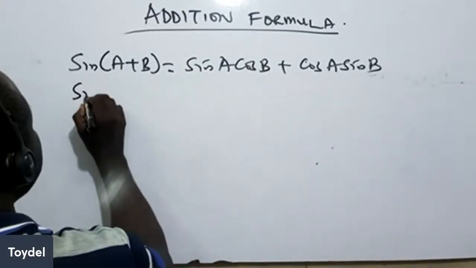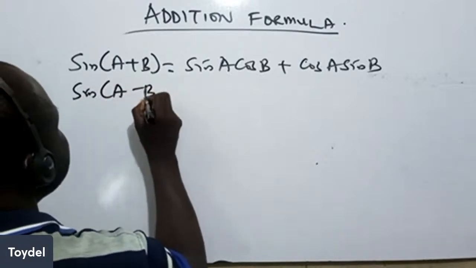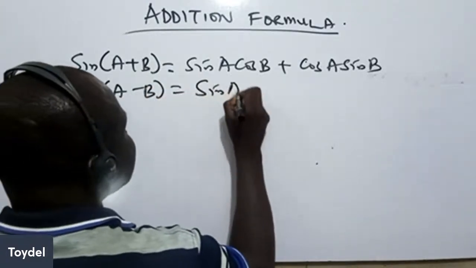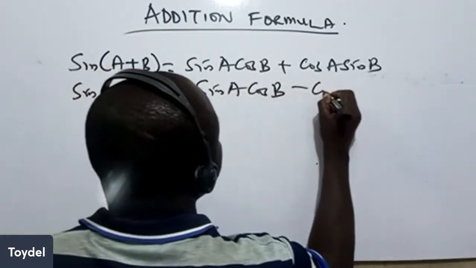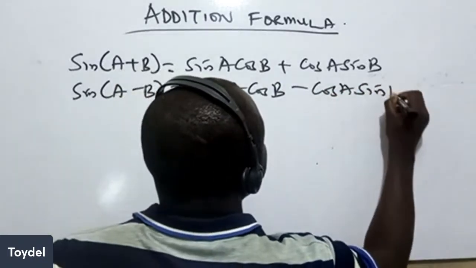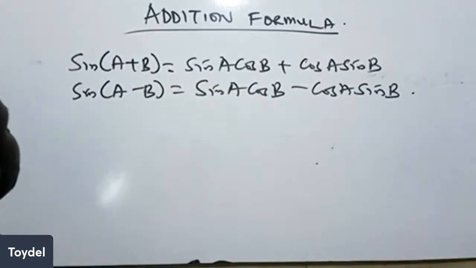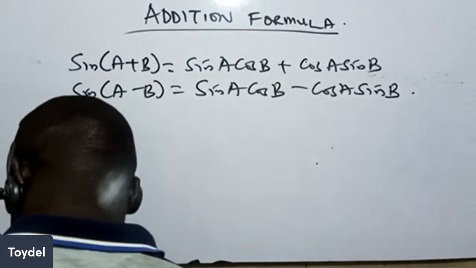And of course, if you have sine A minus B, that will give us sine A cos B minus cos A sine B. So for sine, that is what we are going to have.